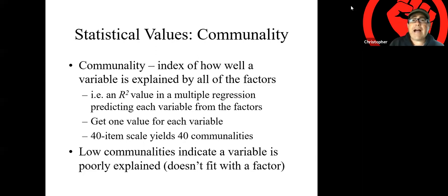So we'll get one value here for each of our variables, meaning that that 40-item scale we talked about would have 40 communalities, each indicating how well an item is explained. Low communalities mean that a variable is poorly explained. It doesn't fit with any of the factors, and this might be an indication that the variable's not really a good fit for that scale.